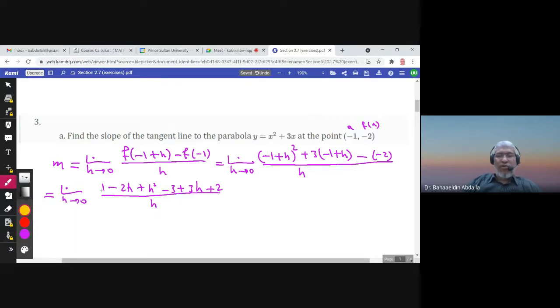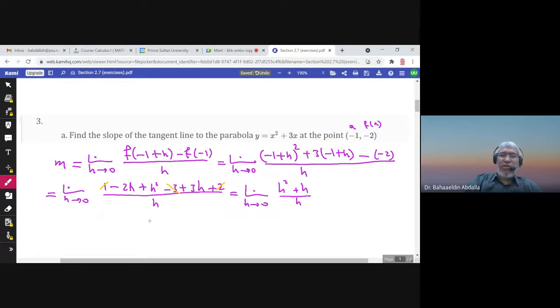Now look: 1 plus 2 is 3, minus 3, so I can cancel them together. And I'll have the limit; let me write it first. I have h squared, and 3h minus 2h is just plus h, over h.